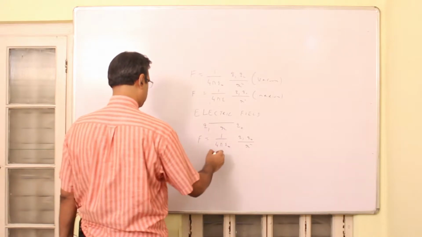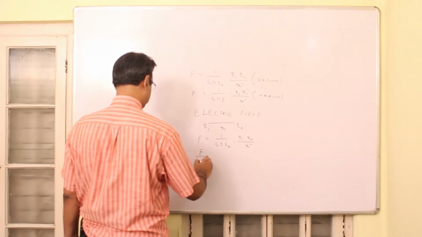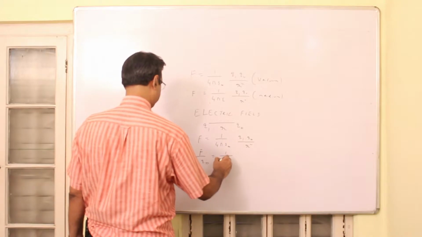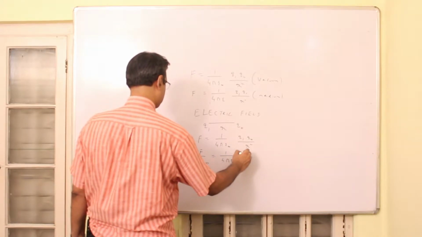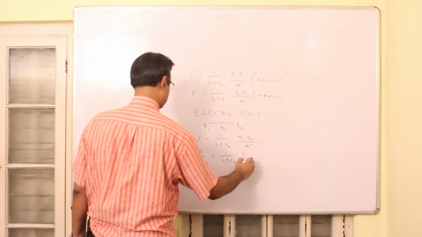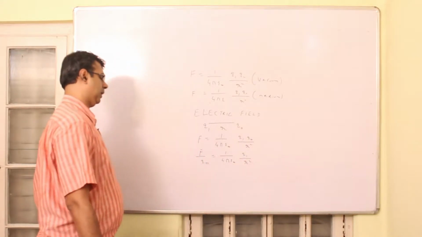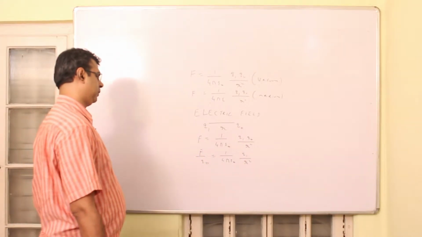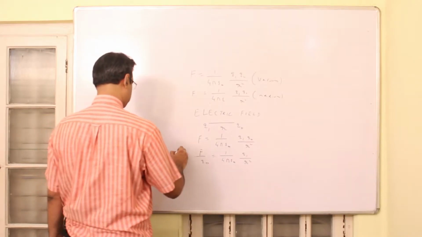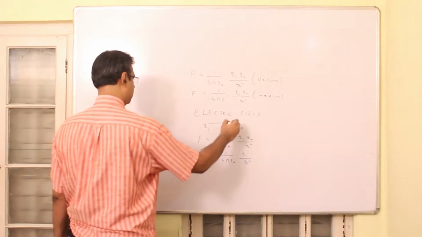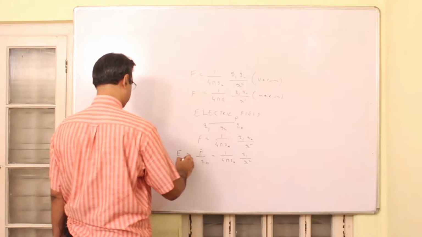Now if you divide both sides by Q0, you will get 1 by 4 pi epsilon naught Q1 by R square.